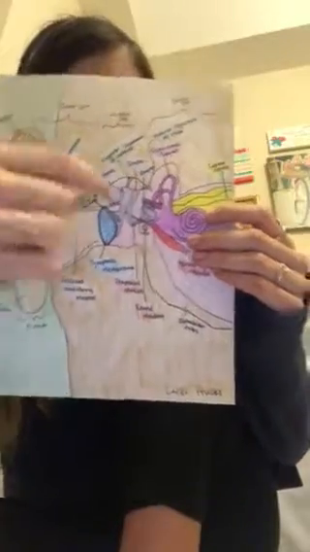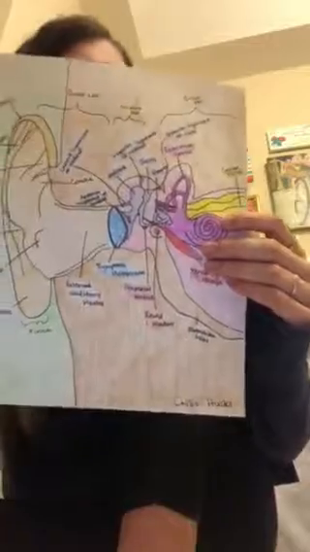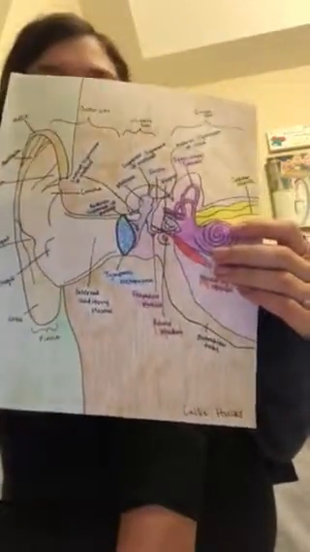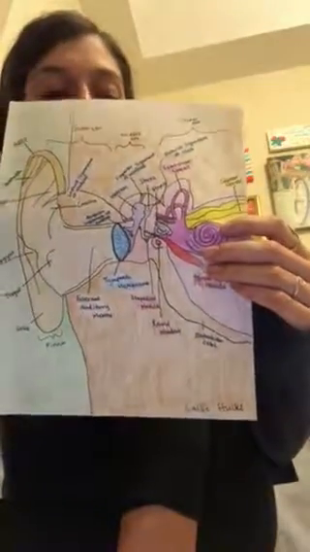And so when the stapes moves in and out of that oval window into the cochlea, it causes the fluid within the cochlea, specifically the perilymph, to move, which in turn ends up squeezing.